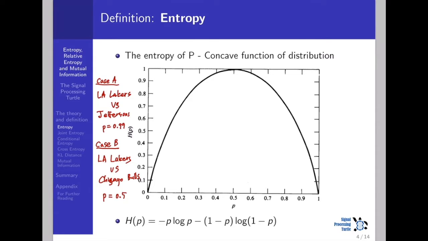So how do you say the uncertainty of this match? Well, obviously case B has a bigger uncertainty compared to case A.